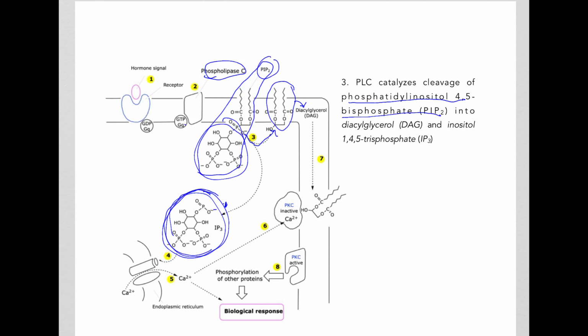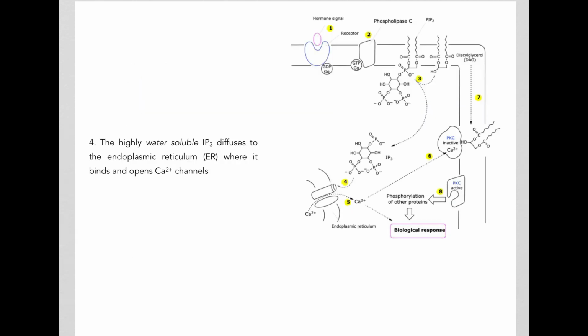So this part remains in the plasma membrane, the DAG. The IP3, being very water soluble, enters the cytoplasm. The IP3 will now go to the endoplasmic reticulum, and there it will open up calcium channels. So there's a lot of calcium stored in the ER.